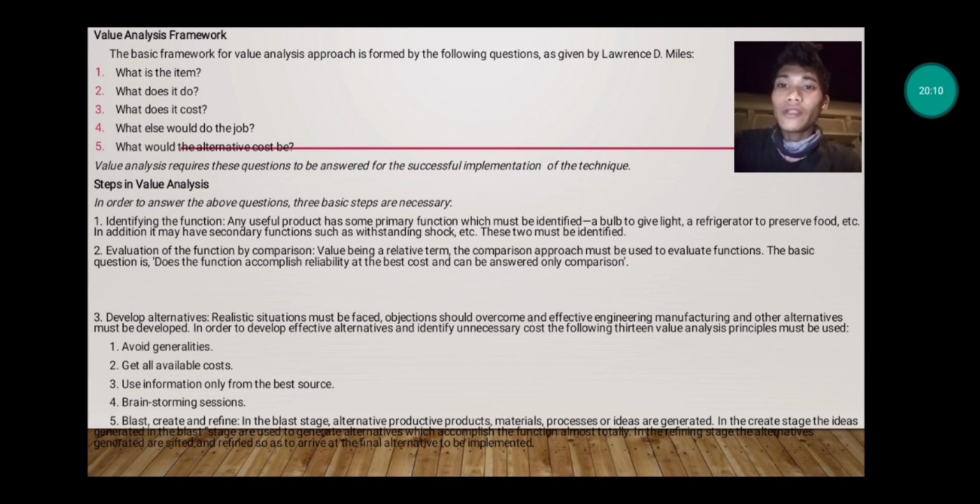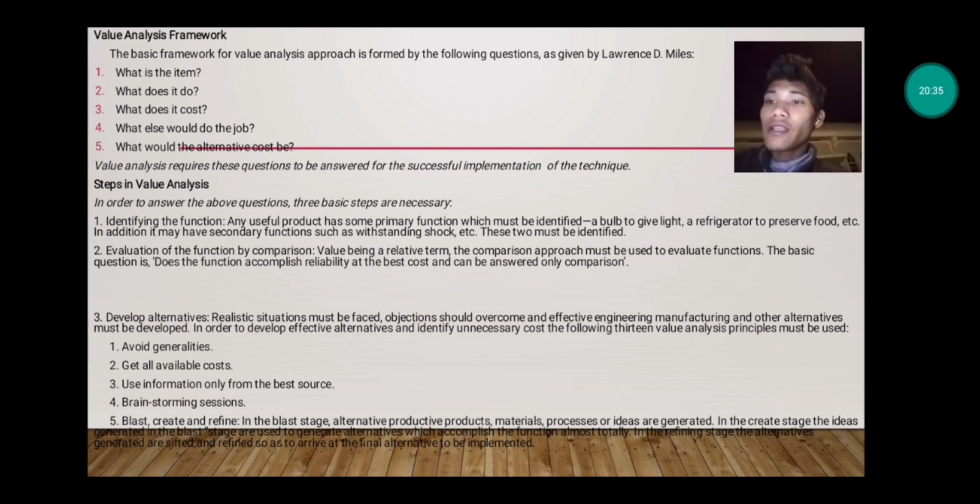The following 13 value analysis principles must be used. First, avoid generalities. Second, get all available costs. Third, use information only from the best source. Fourth, brainstorming session.